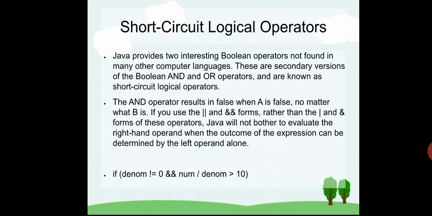The next thing is short circuit logical operators. Let us see some of the differences. Java provides two interesting Boolean operators not found in many other computer languages. These are secondary versions of the Boolean AND and OR operators and are known as short circuit logical operators.